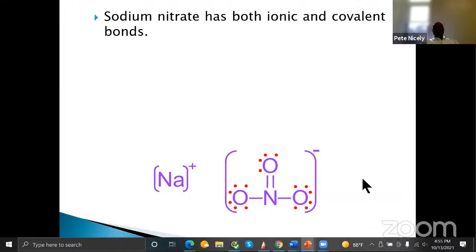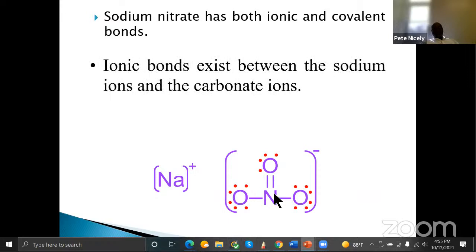Now, it's an ionic compound, sodium nitrate, that is. But you have to recognize that the nitrate part has some covalent bonding, right? That's the result of sharing of electrons between the nitrogen and the oxygen atoms, all right? So basically there are two types of bonds that exist in this compound.